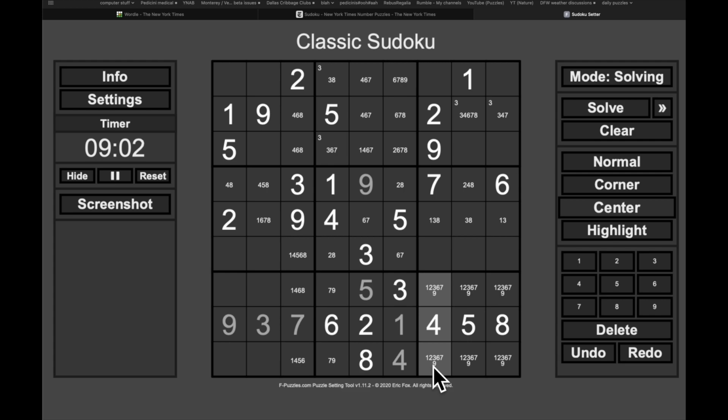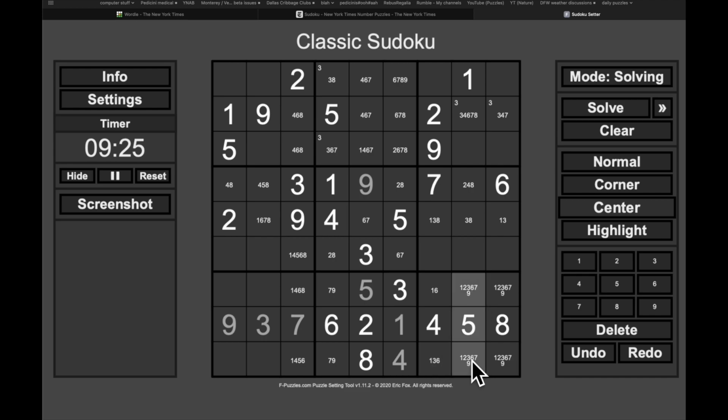Now these cells can also not be 2, 7, or 9 by the column. And this one also can't be 3. This one still could be.